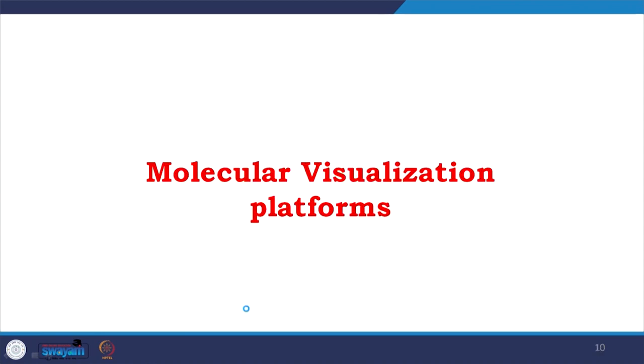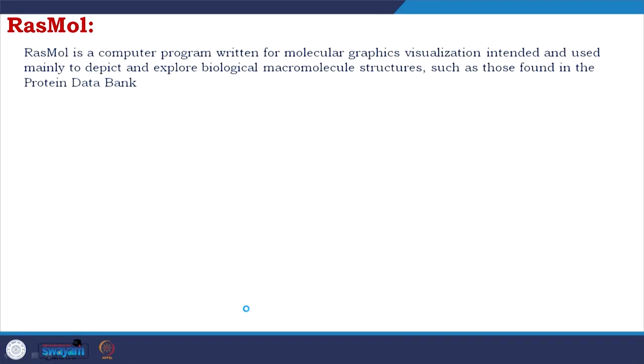Coming to molecular visualization platforms, as I talked about, RasMol, I have already talked about RasMol in the history part. RasMol is a part of history because it was the first time people started making beautiful figures, and it came to common people through the innovation of RasMol by Roger Sayle.